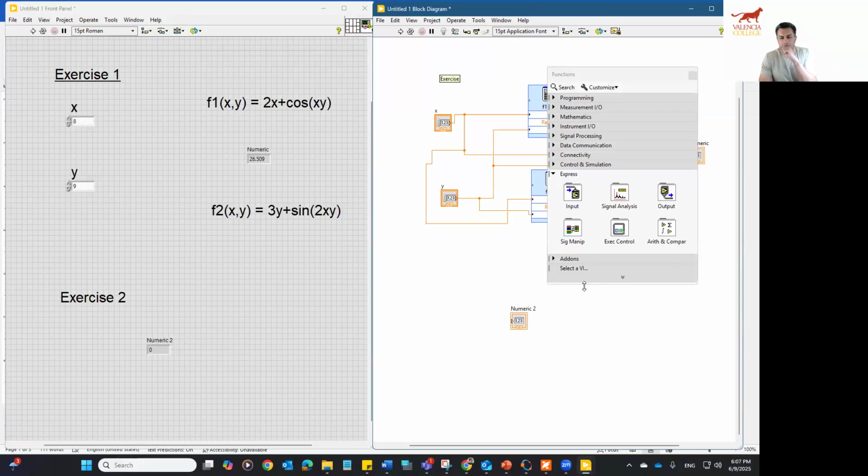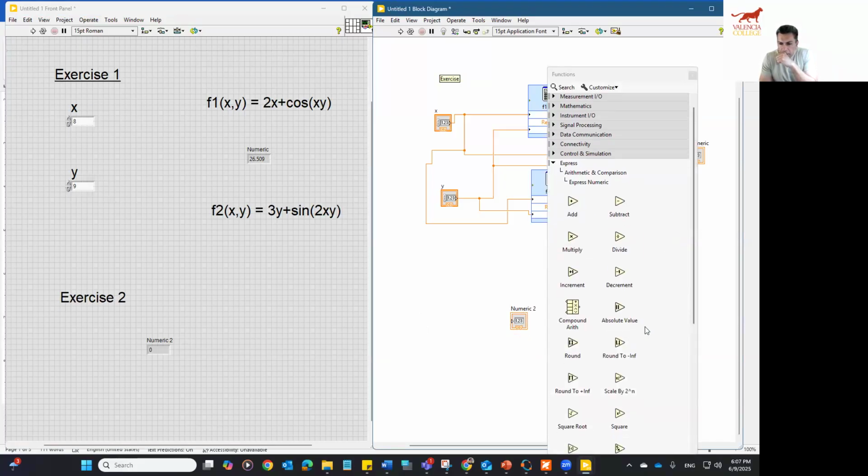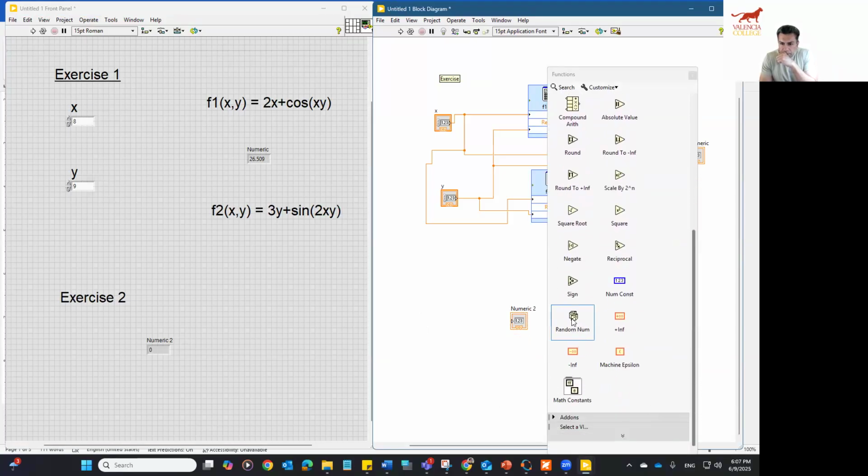If I go to arithmetic and comparison, numeric, there is a function here which is called random number right here. And again, you can always search for random. So there is a function, the random number block. If I pull this block, they look like a pair of dice.